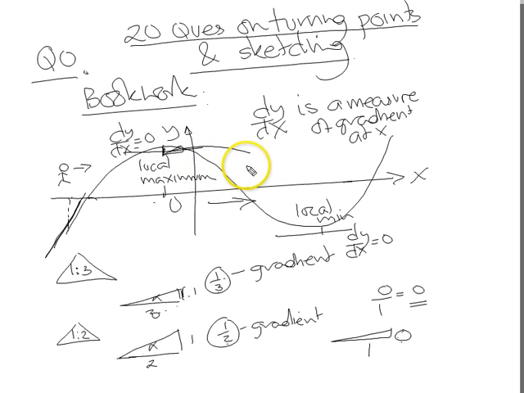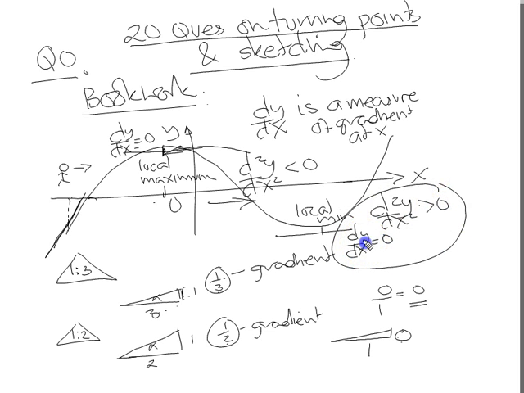But here, a local maximum occurs when the second derivative, d2y by dx squared, is negative and dy dx is 0, you've got a local maximum. And here, if d2y by dx squared is positive, and dy dx is 0, then you've got a local minimum, alright?